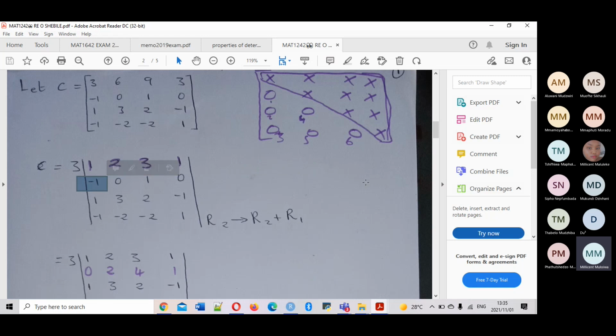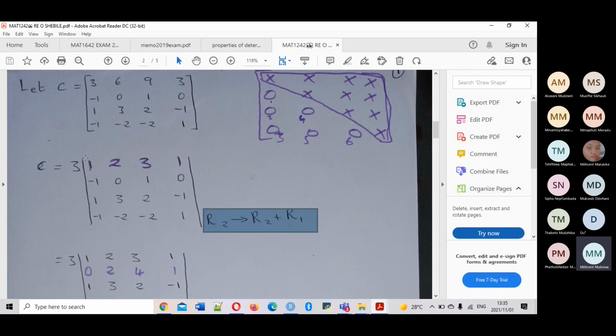So which row are we going to add with or subtract with, so that we may have 0 at our row 2? It's row 1. So row 2, we're going to reduce. Row 2 is given by row 2 plus row 1. So we start by the row that we want to change to be 0.